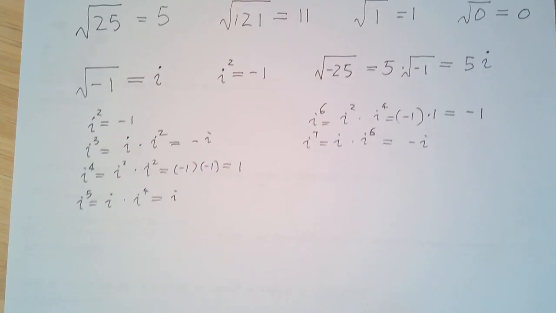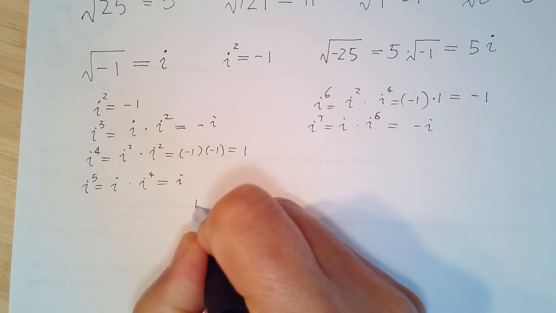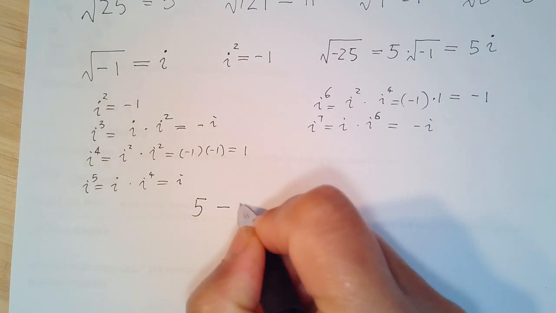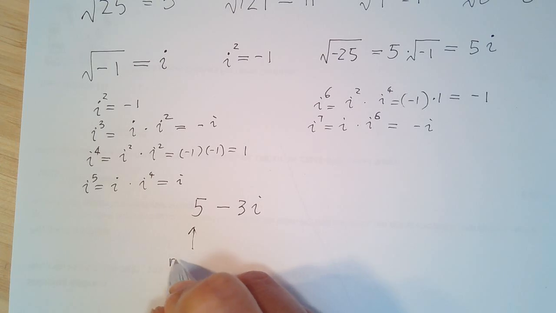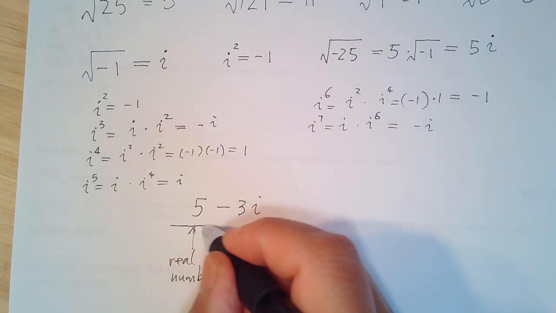Now, when we talk about a complex number, let's say 5 minus 3i. This 5 is the real number, or we call this the real part.